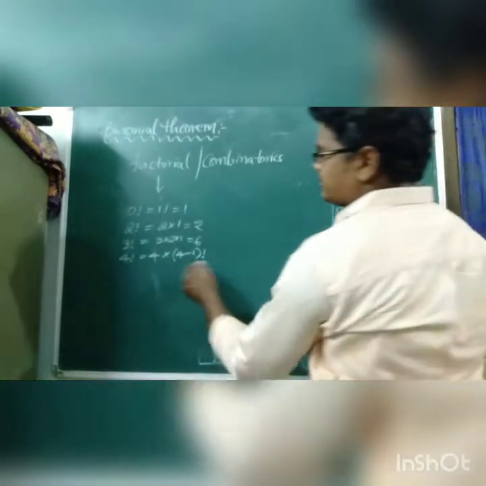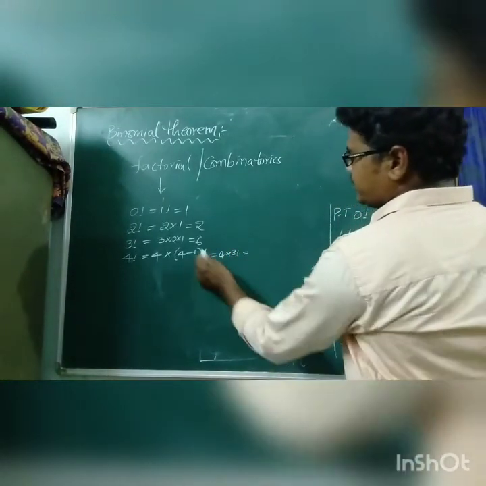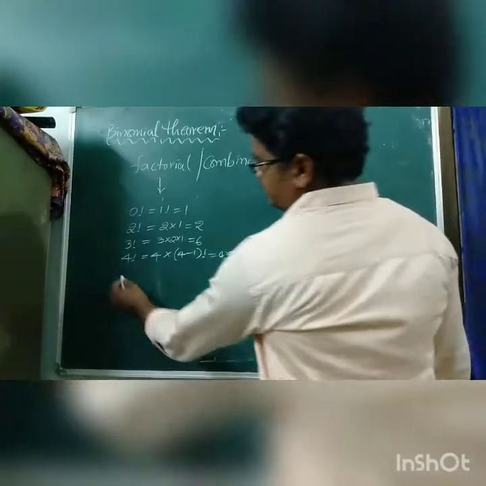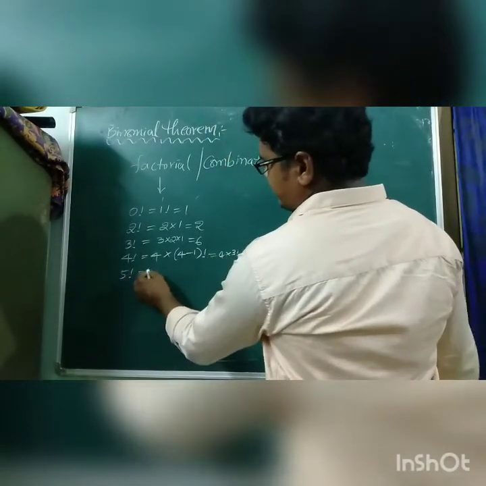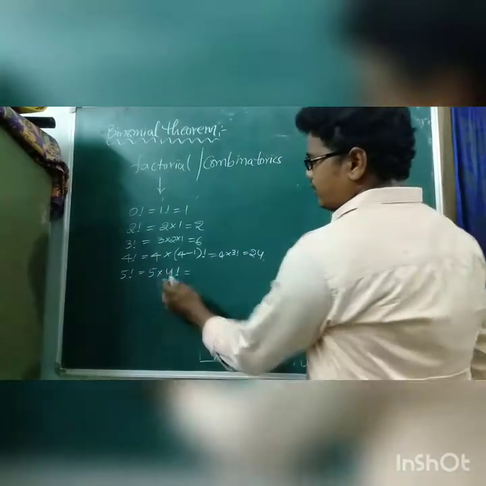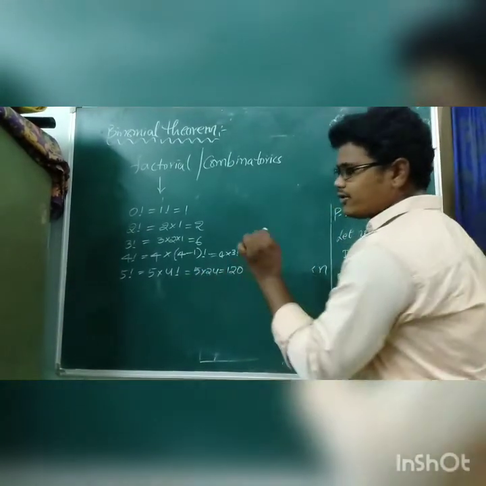Then it becomes 4 into 3 factorial, the value becomes 6 fours are 24. 5 factorial, same way, is 5 into 4 factorial. The value becomes 5 times 24, which is equal to 120.